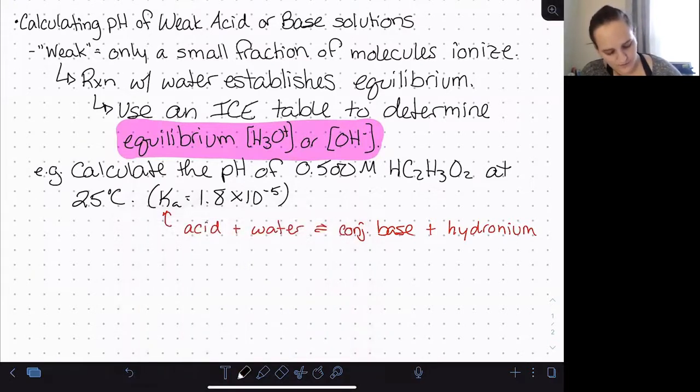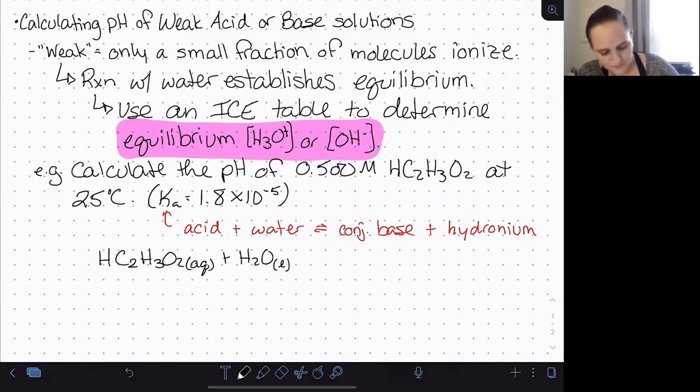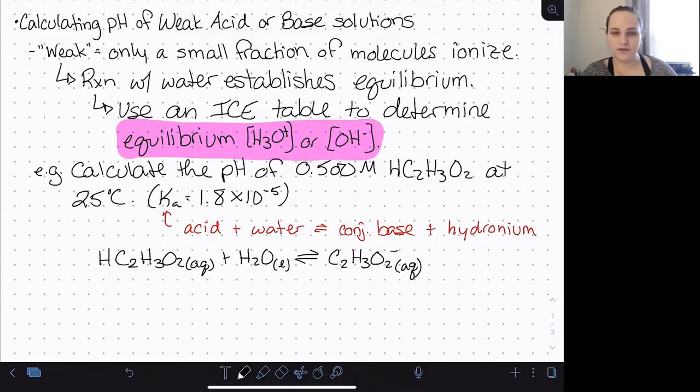If we do that for acetic acid, we'll have our acetic acid, HC2H3O2, reacting with water to produce the acetate ion, our conjugate base. When we have lost H plus from acetic acid, we're dropping this H that's out in front, and that takes a plus charge along with it.